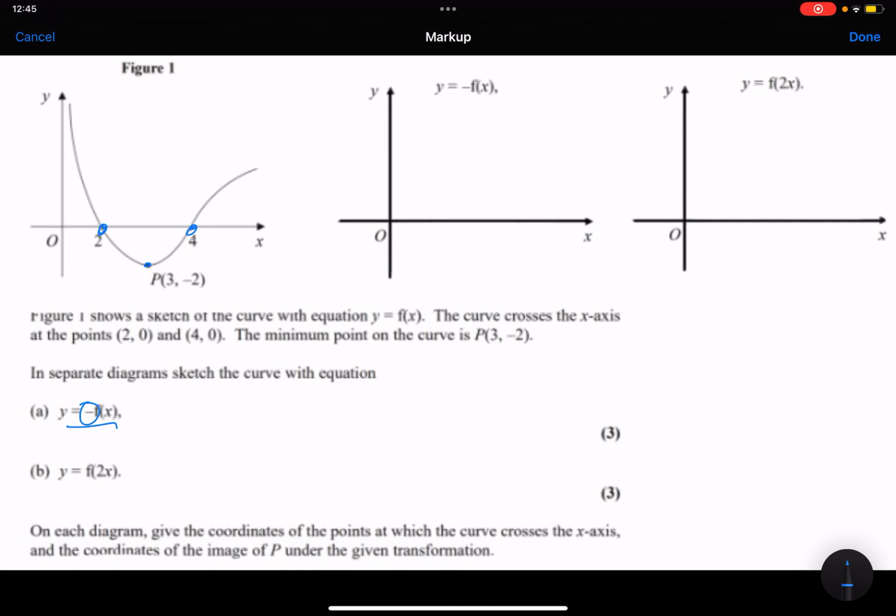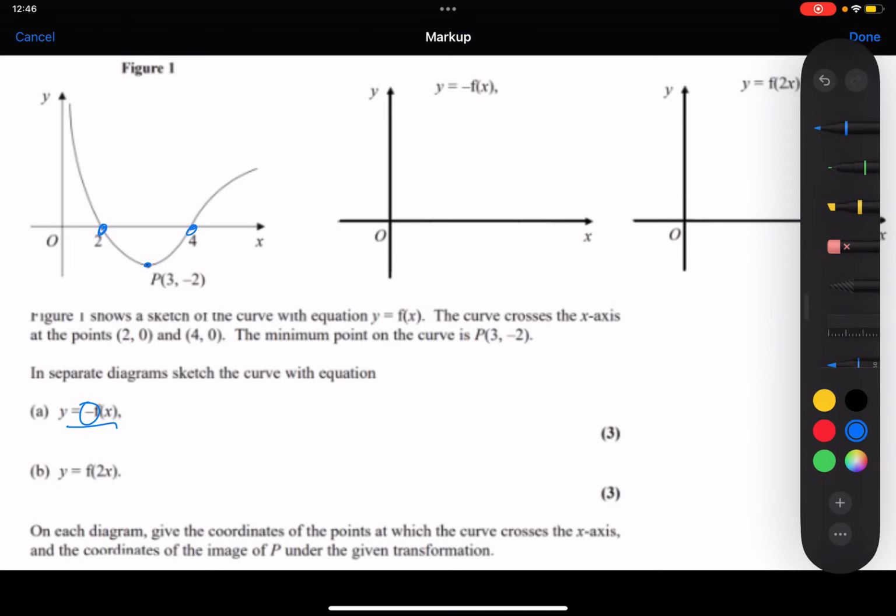Now that minus at the front there, I know that's going to affect the y coordinates. It's going to take the y coordinates and make them change sign. If they're negative, it's going to become positive. So this part of the graph is going to become positive, whereas this part of the graph and this part of the graph are going to become negative. The roots won't be affected at all because they are at 0 in the first place.